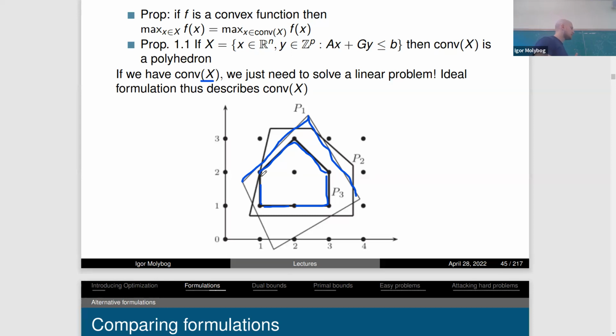And it's often the case that the exact formulation is going to have an exponential number of inequalities.